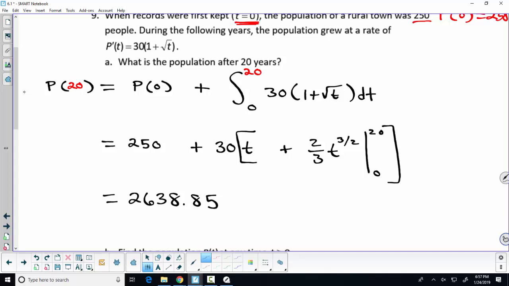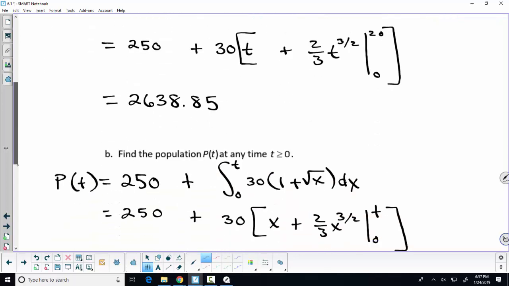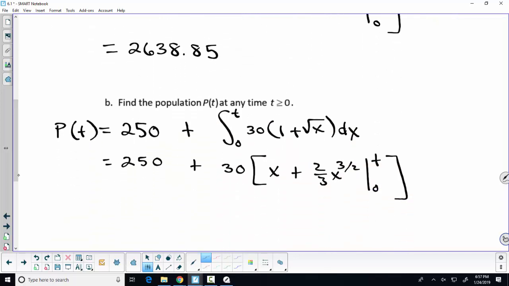So it's fine. If you did use x though, you would still get the same numerical. But here it needs to be more consistent because we are finding p of t. We wouldn't want x after we're done and say p of t is equal to all of this stuff in terms of x. Any other questions?